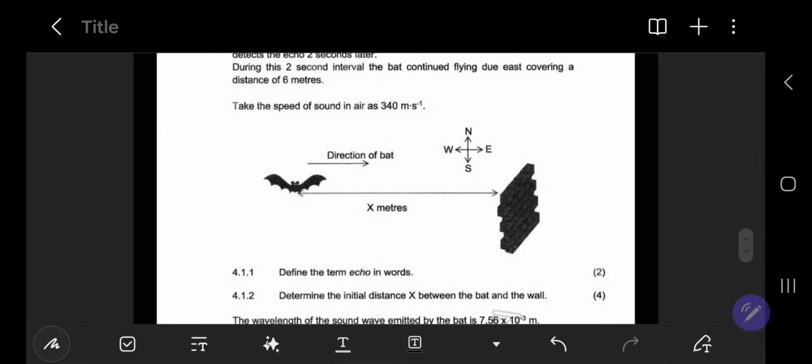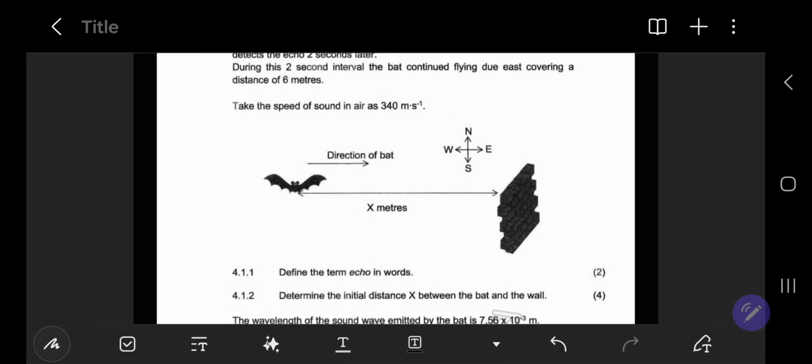4.1.1 says define the term echo in words. Now, an echo is a reflection of sound waves. Basically, what happens is the sound travels, and when it hits a barrier, it changes direction and it travels back towards you. That is how sometimes if you are in a very empty room or you are at the top of a hill, you have to speak very loudly or clap your hands very loudly.